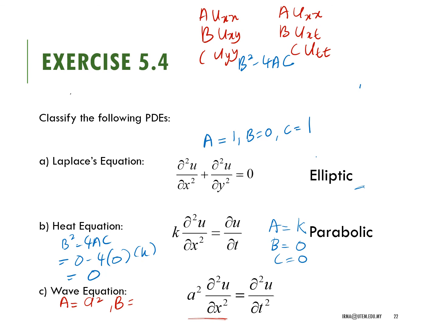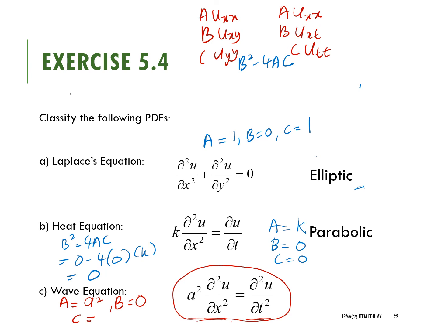Back to this equation, we can see that B is equal to 0. What is C? C is the coefficient for utt. We have this utt, and the coefficient is 1.